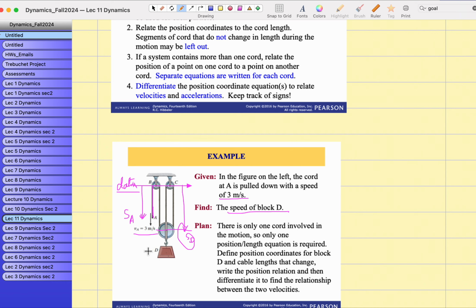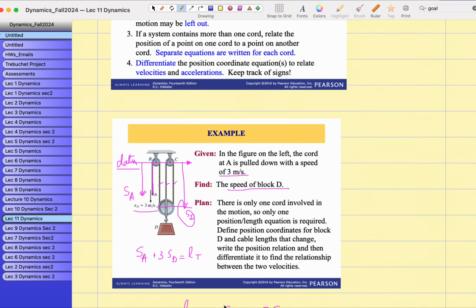This is S sub A, and then the position of block D from this datum line, which is S sub D. So you see these three lengths are equal. So what I can do here, S_A plus 3S sub D equals the total length of the rope, which I can show you now.